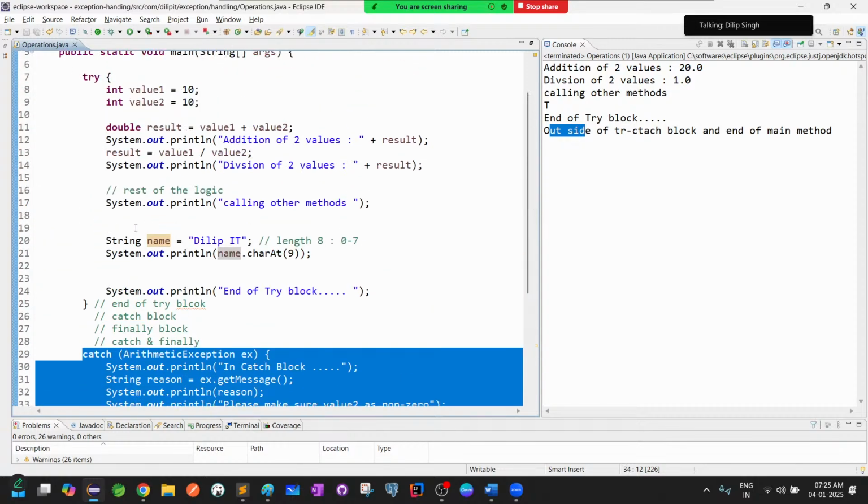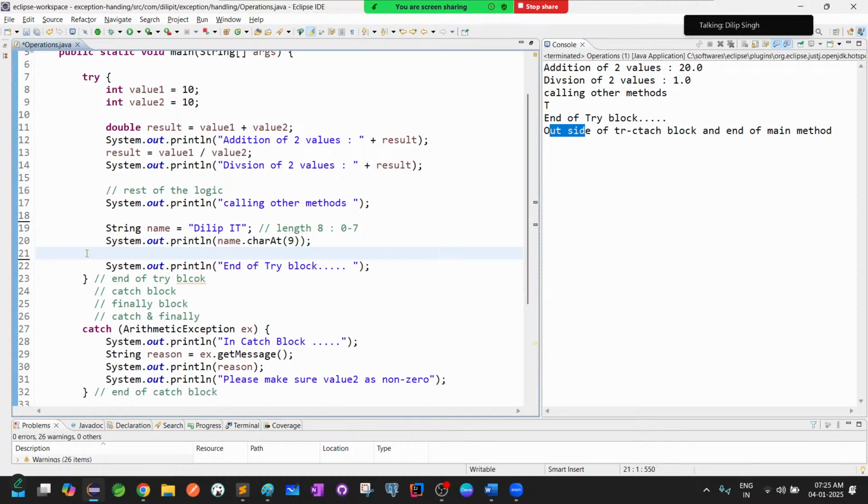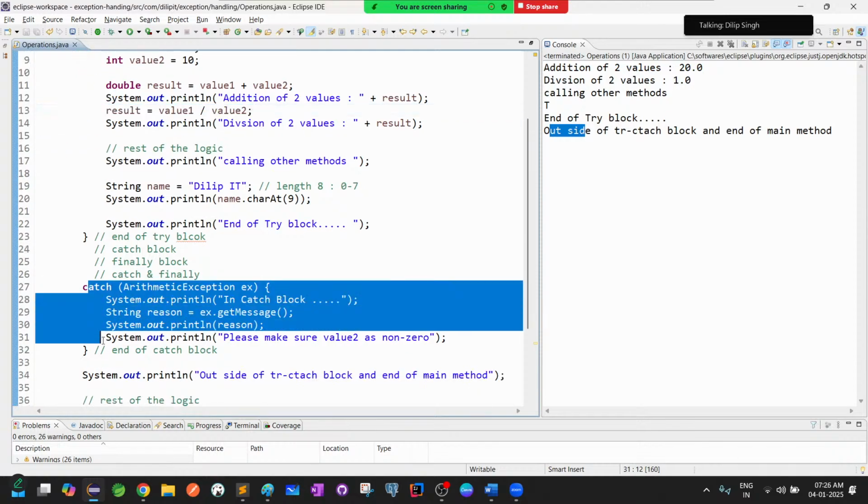Now my next point is, in this case, you got an exception. You are going to get an exception in this line. In this line there is no exception, because of the valid value point of view. Whenever you get an exception here, this line is executed.